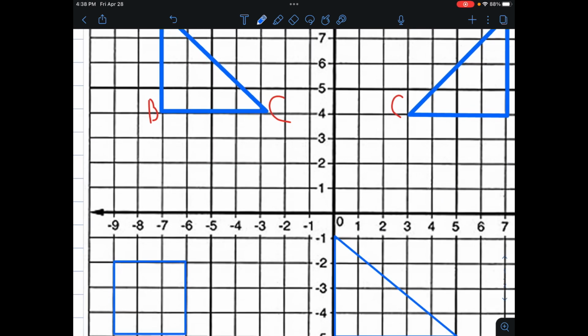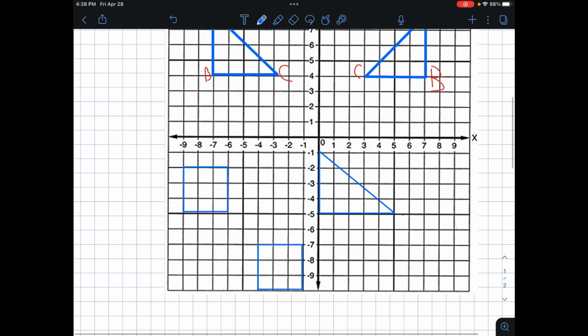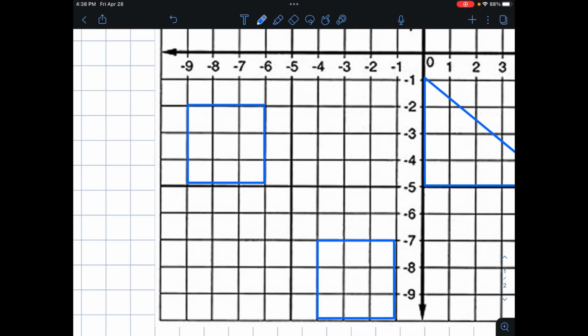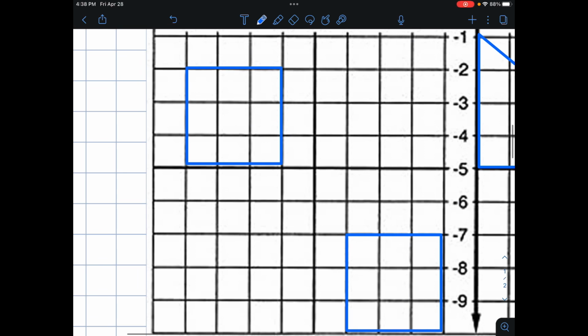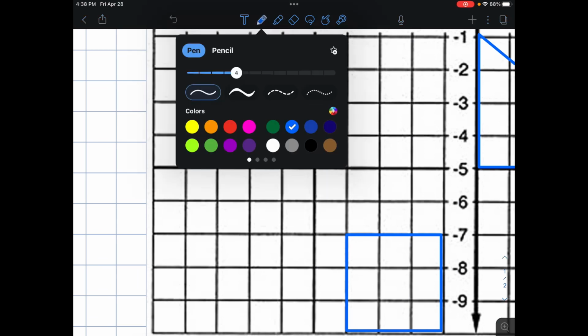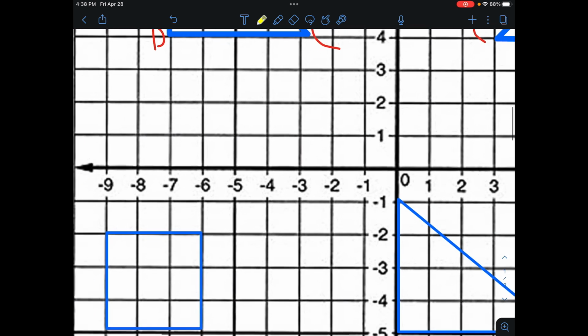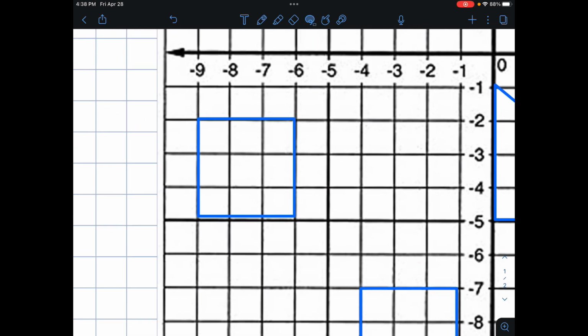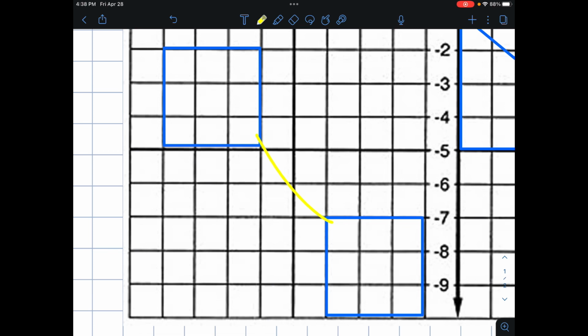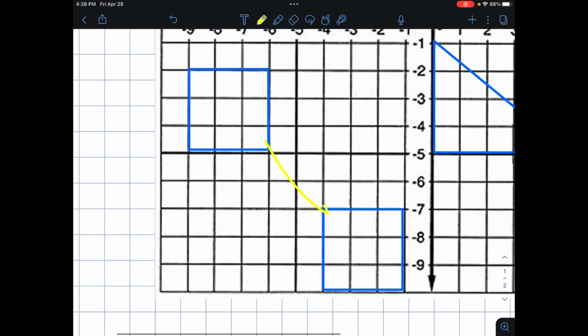Now, on to translation. For translation, the figure only slides around instead of reflecting. So everything's the same again. Just draw this out. Everything's the same.